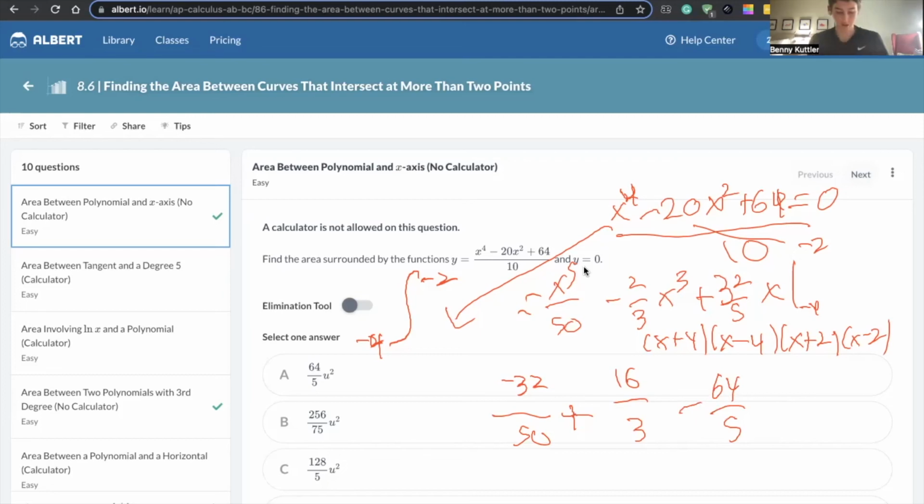Multiplied by 3, 32 times 3. What is that? On a test, you would not be able to use a calculator for this, but to save time, I'm going to. So -96 over 15, plus 3 times 5 to get 15, 16 times 5, that should be 80.